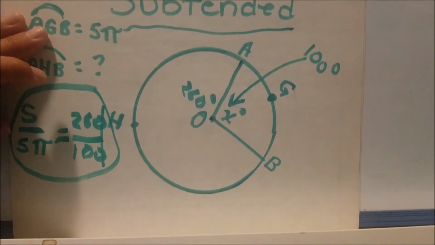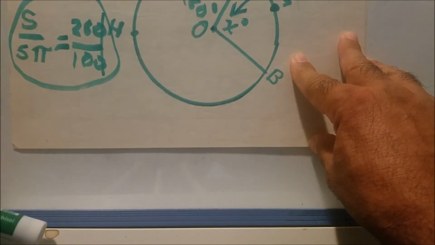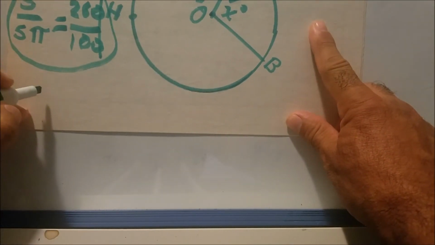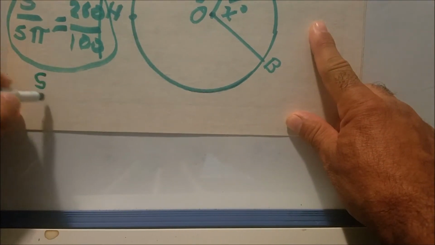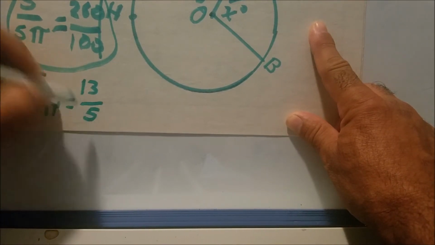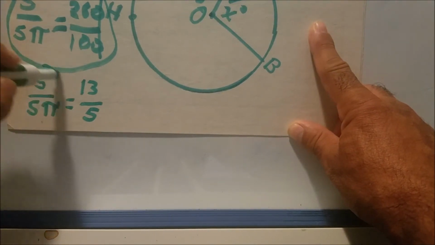So let's bring this down a little bit. There we go. I have a little coffee stain there, it looks like. All right, so now we have S over 5 pi equals 13 over 5 because we simplified 26 over 10. And you can simply just cross multiply.